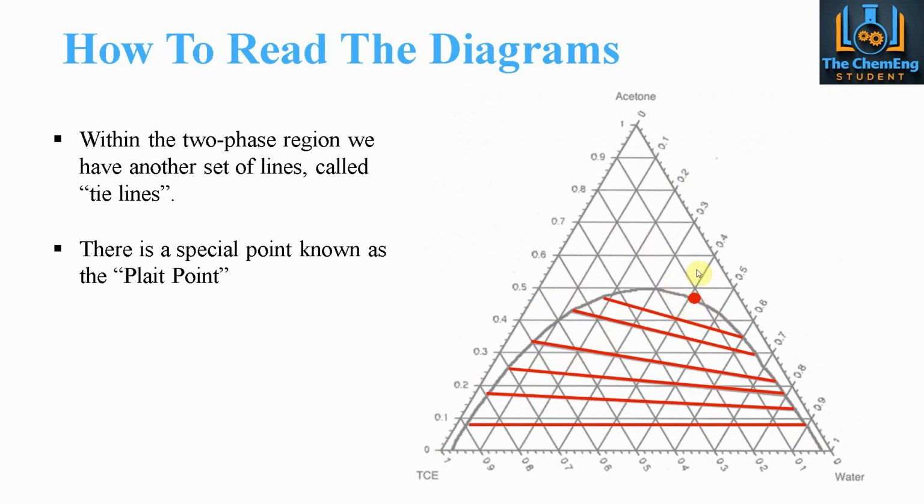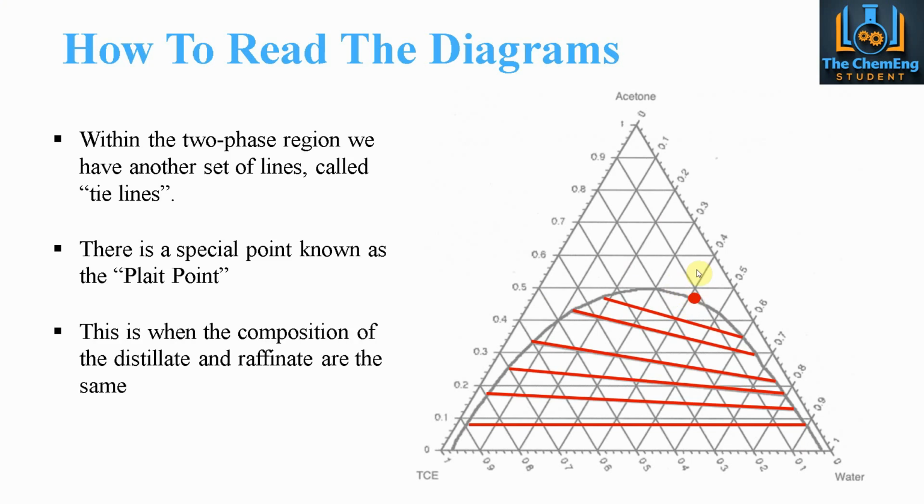So this is where the composition of the distillate and the raffinate are exactly the same. Now we've introduced two new terms here, and we'll talk about them in just a second. But essentially what we're saying is that, because remember this denotes equilibrium, the composition between distillate and raffinate become the same.